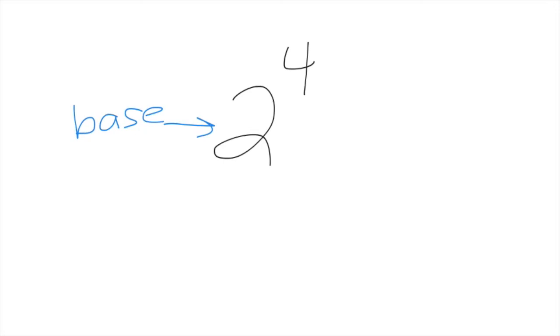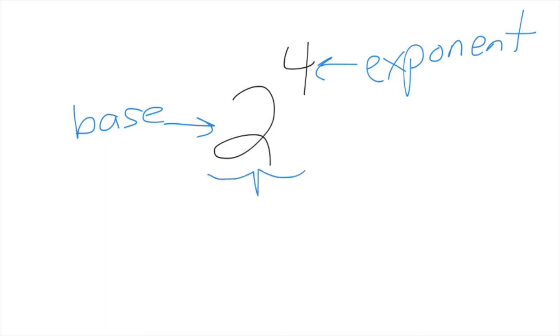The 4 is known as the what? Yeah, that's it. It is the exponent. And then together, if we put a base and the exponent together, it's known as a power.